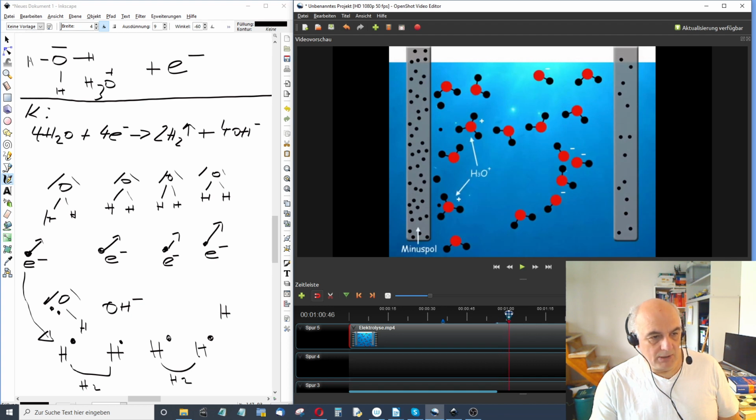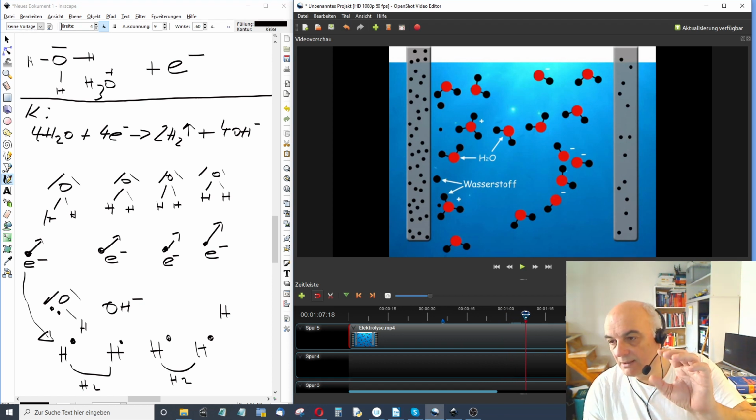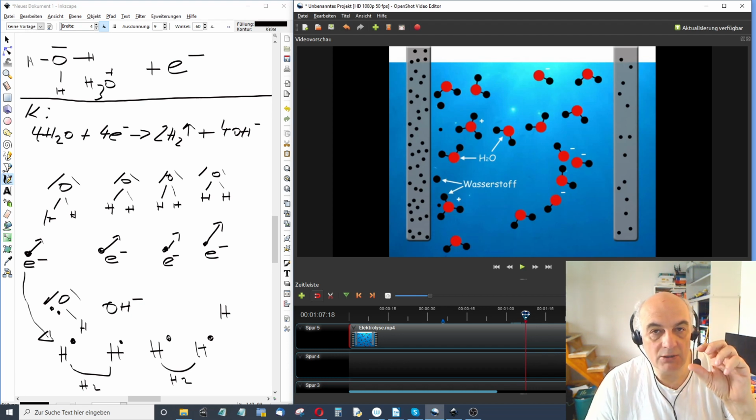The hydrogen again combines to a hydrogen molecule, but also here you can see it is an atomic hydrogen. So also the textbook says that hydrogen is being generated in the atomic state.